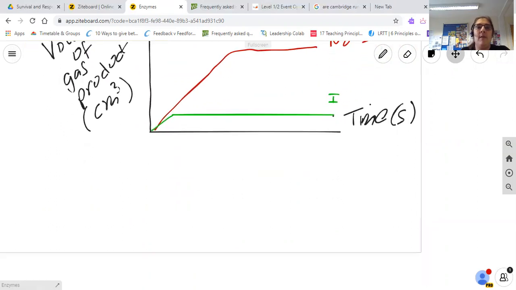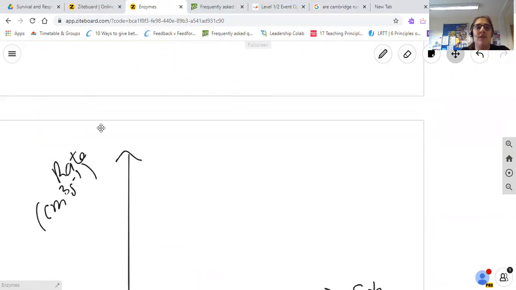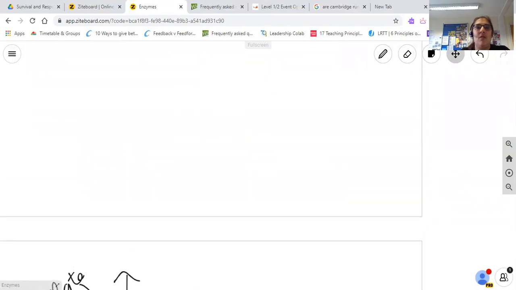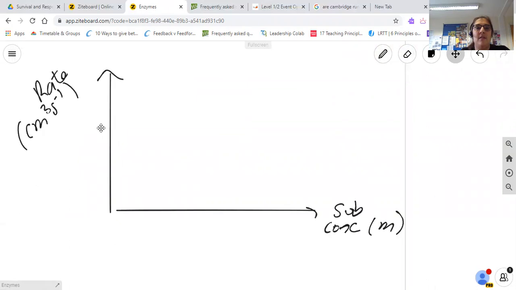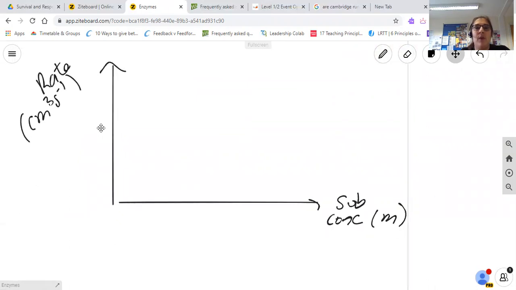Okay, so there are two graphs that we've come across here. One is volume, and the other one is rate. So be really careful there. Okay, so with a non-competitive inhibitor, the substrate concentration will have no effect on the rate at all. It is independent of the rate and it is irreversible.